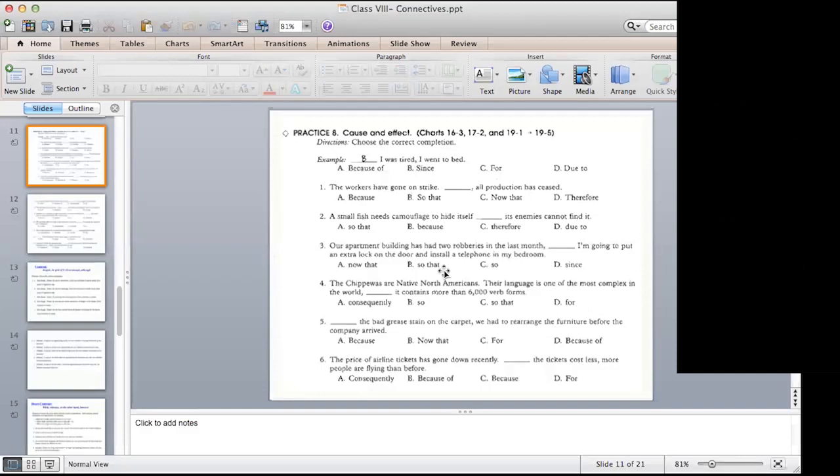Therefore. The workers have gone on strike, full stop. Therefore, comma, all production has ceased. Why? Because the first one is the cause, and the second one is the effect, and we have a linking word about the effect.